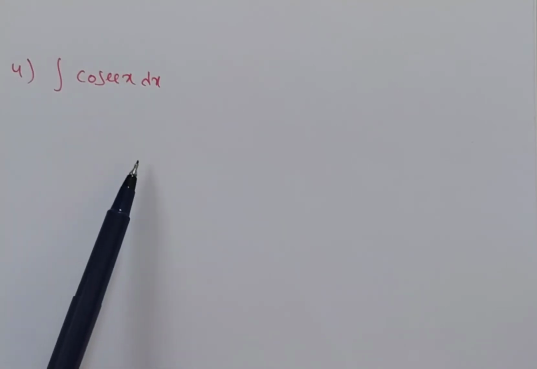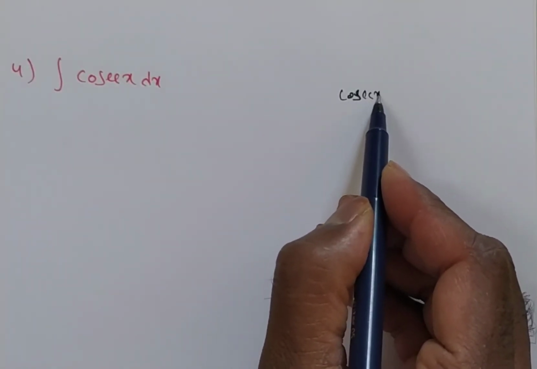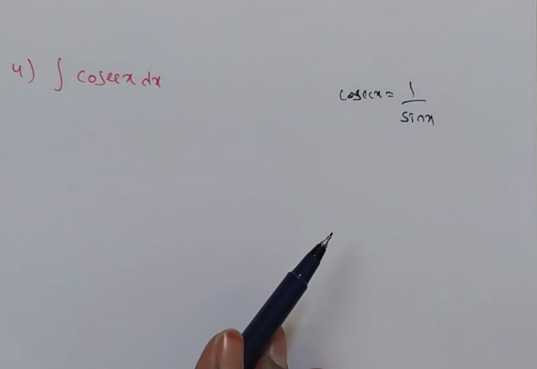Now, integral of cosecant x dx. Friends, you see we have cosecant x as 1 by sin x, but with the 1 by sin x we cannot do anything.